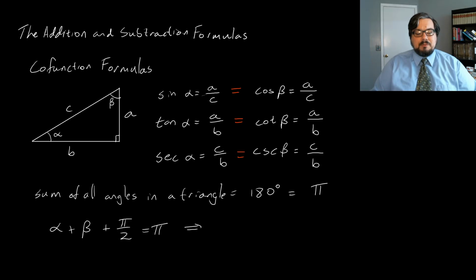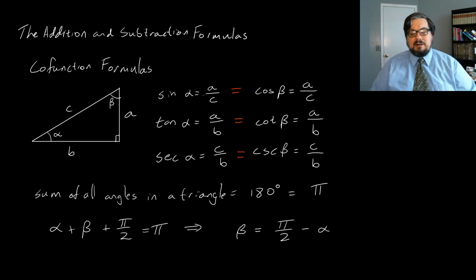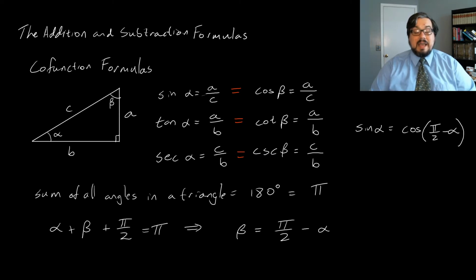Now, if we solve for beta, we get that beta is equal to pi over 2 minus alpha. So another way we can write down the cofunction formulas is to say that sine of alpha is the same as cosine of pi over 2 minus alpha. And in fact, this is going to be the primary way that we write down the cofunction formulas.